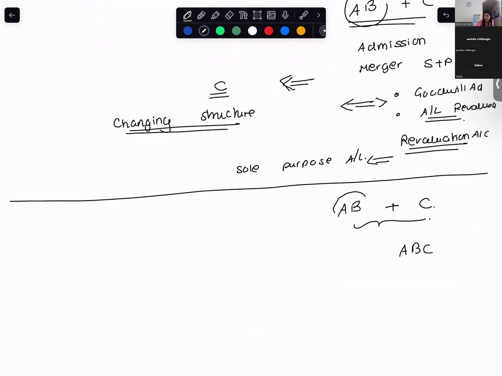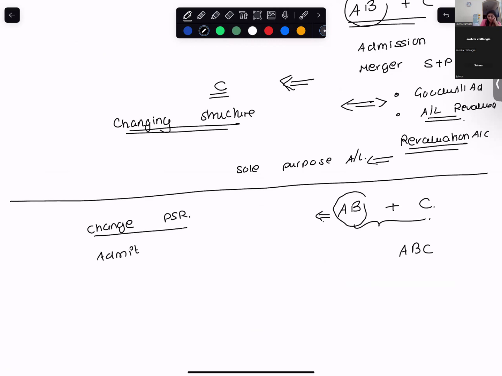So this business is changing the structure. So if it's changing the structure, it means what? Business changing the structure means when you change your profit sharing ratio, goodwill adjustment and assets and liabilities need to be revalued.